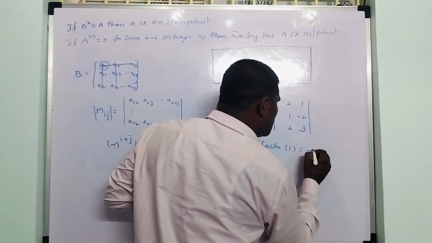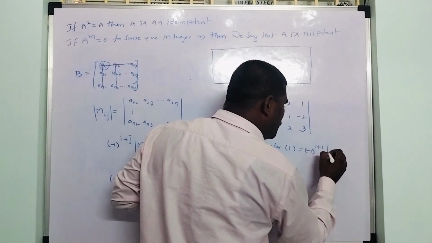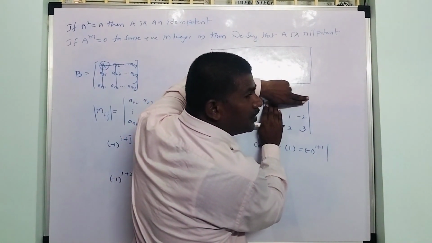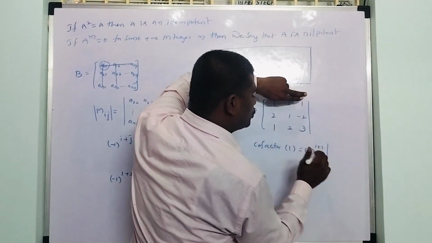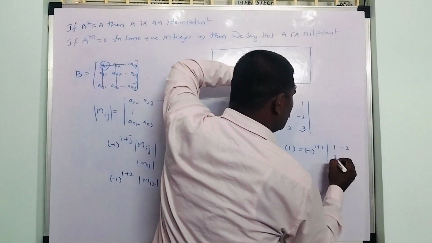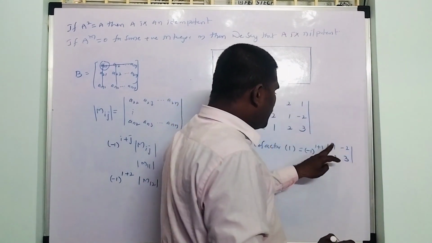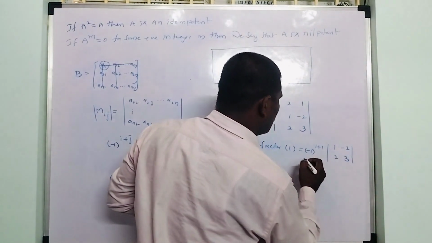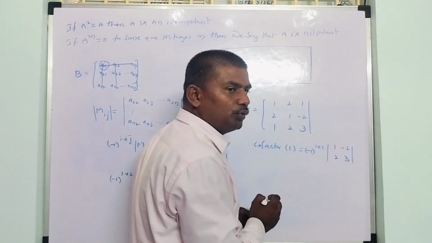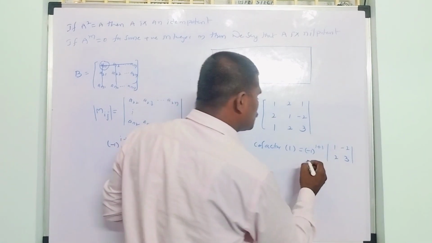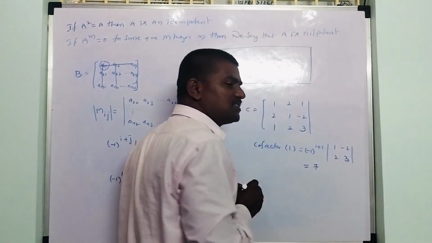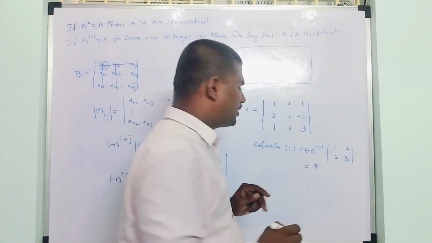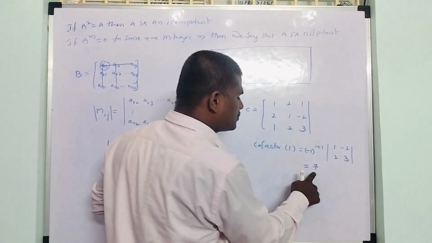So minus 1 to the power of 1 plus 1 into the determinant of what remains after you remove this row and column, which is 1, minus 2, 2, 3. The determinant of this will be 3 plus 4, which is 7, using AD minus BC. Minus 1 to the power of 2 is 1, so your answer is 7. So the cofactor of 1 is 7.